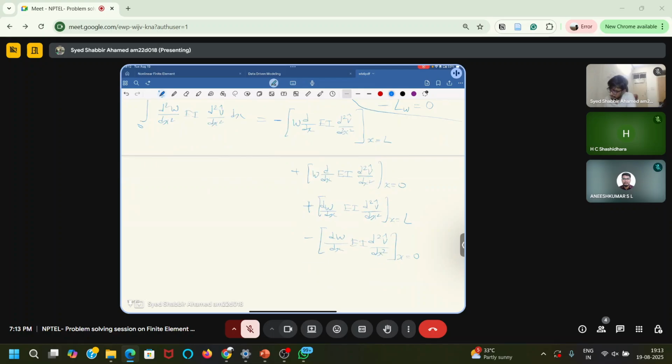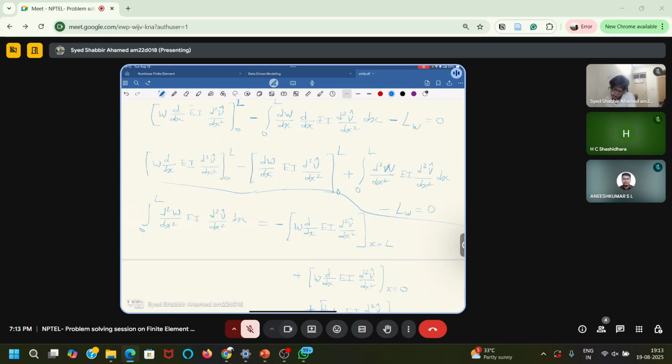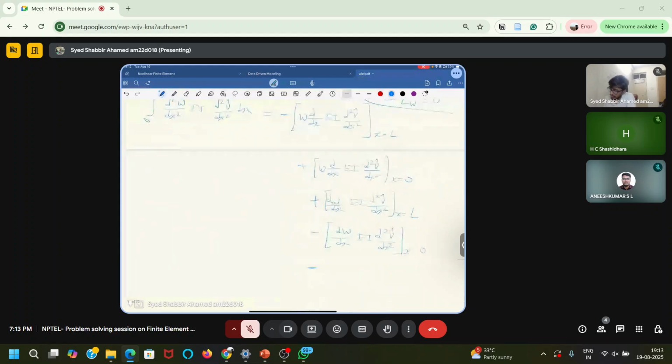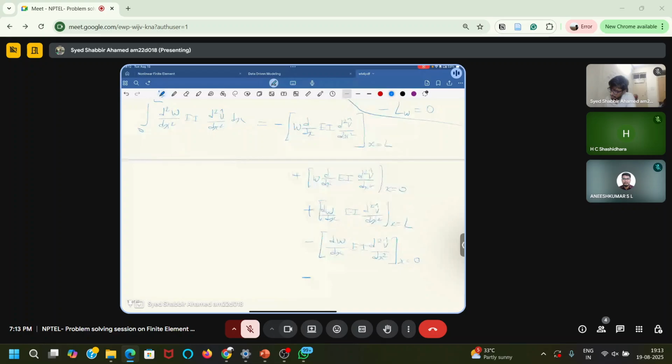And I had this, which I will write. So this is a very big equation, which is integral 0 to L w into q into dx plus integral 0 to L w qx by L dx is equals to 0. So this entire thing is equal to 0.